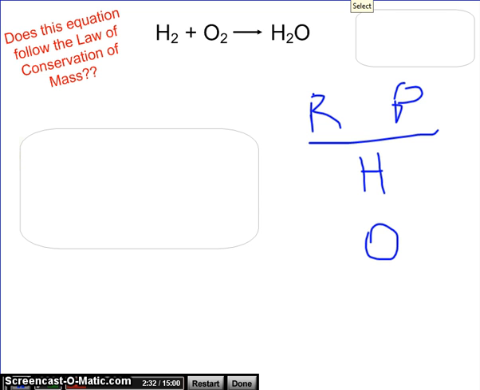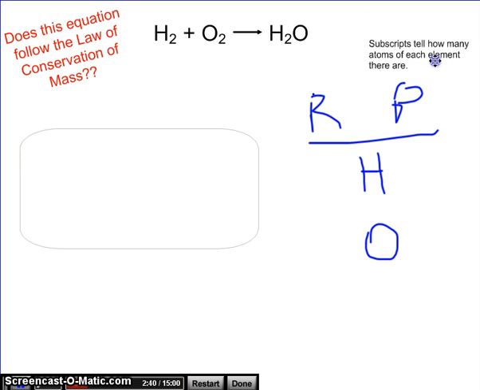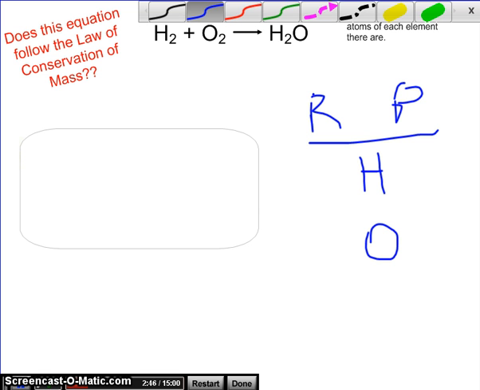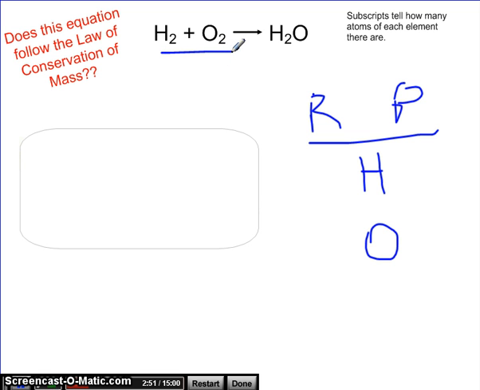So if you remember, these little numbers here are called subscripts. And a subscript tells us how many of each element there are. So for hydrogen, it has a subscript of 2 on the reactant side. Remember, the reactant side is what we start with. So we have 2 hydrogens.